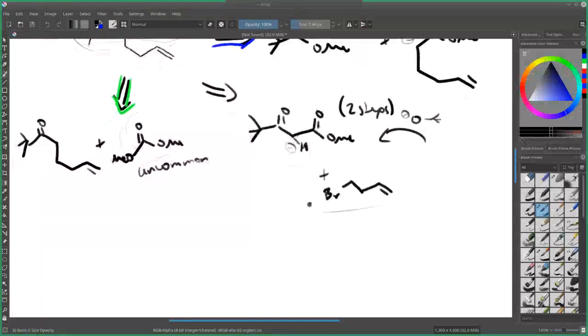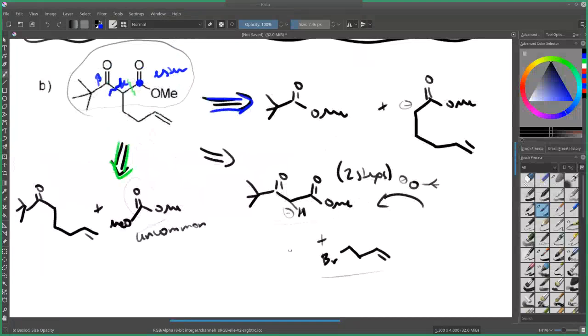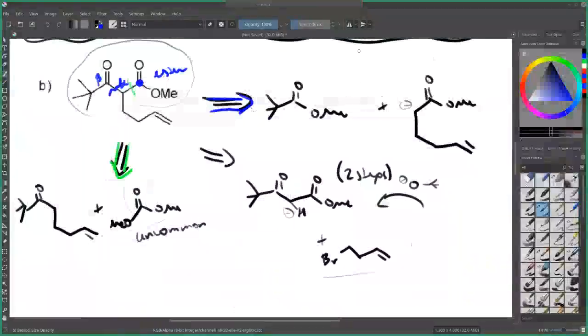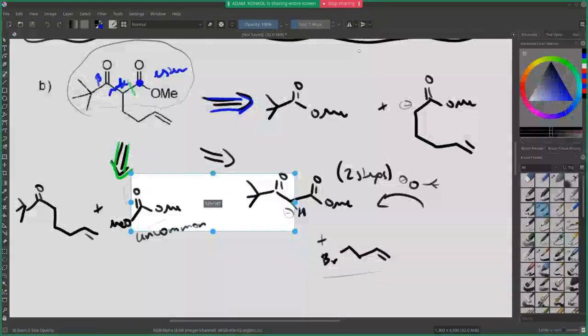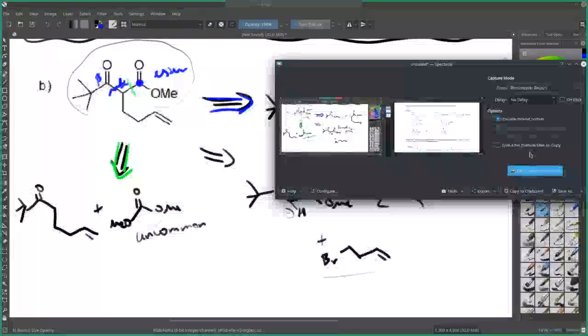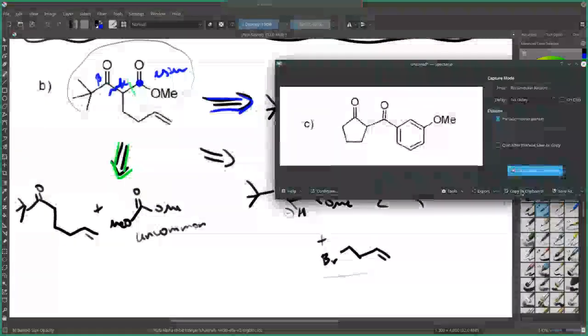Good. So maybe actually what I can do, whenever I take screenshots, is move my thing over to the other screen. That way the previous problem stays up.